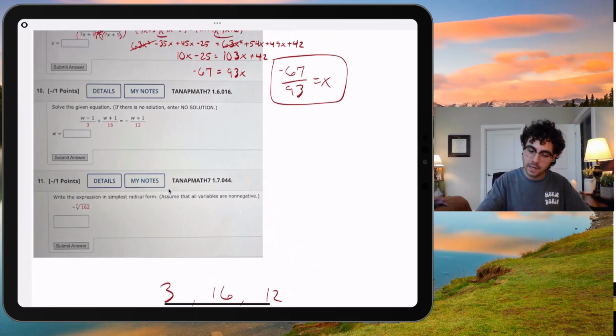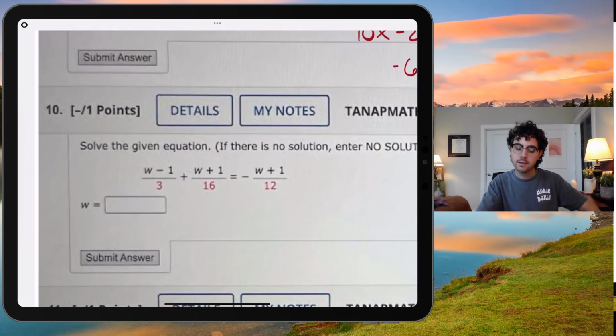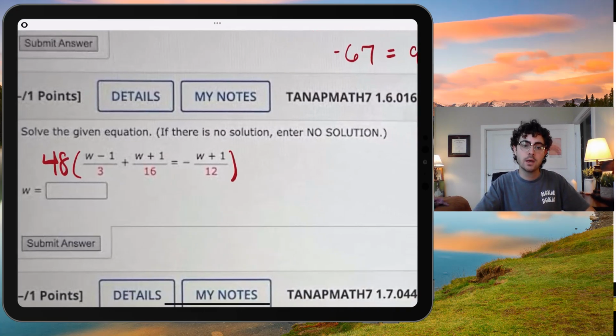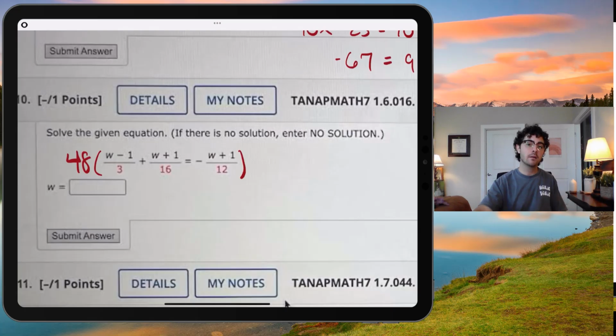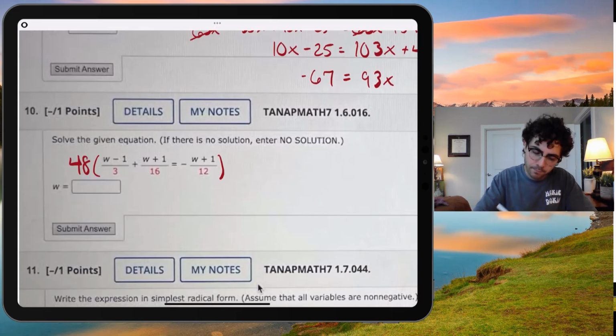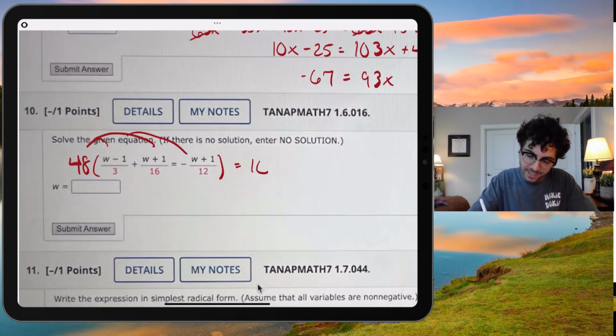So we could find a common denominator, 48, and treat them all like fractions, but really the trick here, what I would recommend, is multiplying the entire equation by 48, by that least common multiple. What this is going to do is get rid of all the fractions and leave you with a simple algebra problem. So 48, 48, 48. 48 divided by 3 is 16.